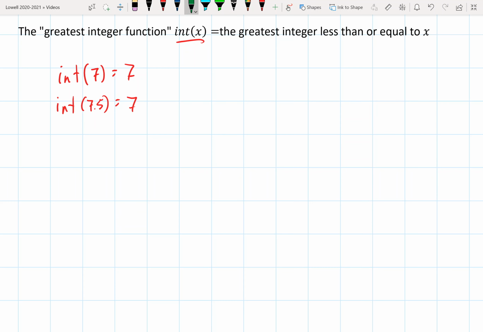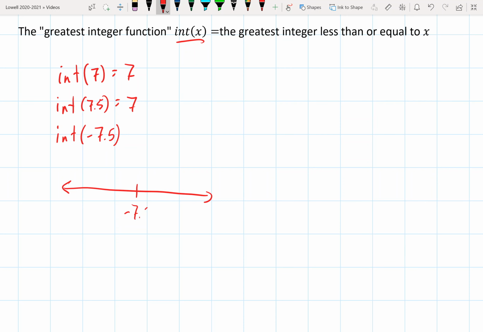I was doing a little bit of research on how people think of this, and one way to think of it is that you just chop off any decimals after that number. I want to be careful of that, because if I did int of, let's say, negative 7.5, the answer would not be negative 7. Let's draw a number line here.